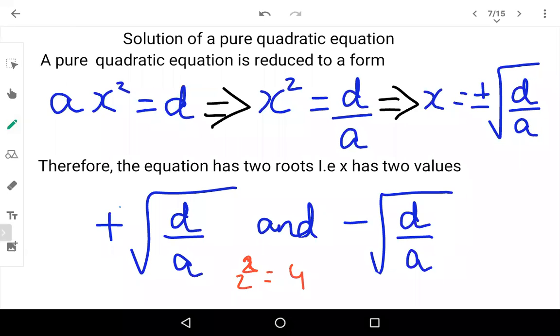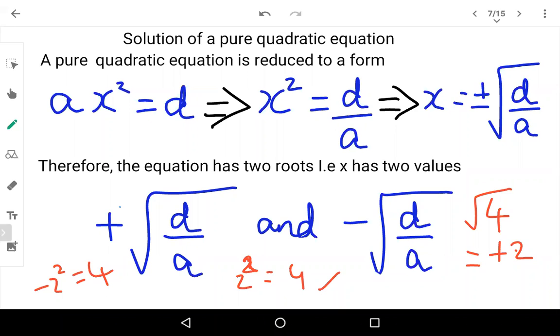Now let us understand the reverse way. Let me take this example. Suppose I want to find the square root of 4. Now the square root of 4 can be plus 2, because plus 2 square is 4, which I've given here.